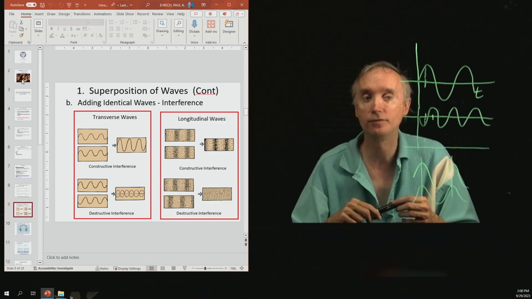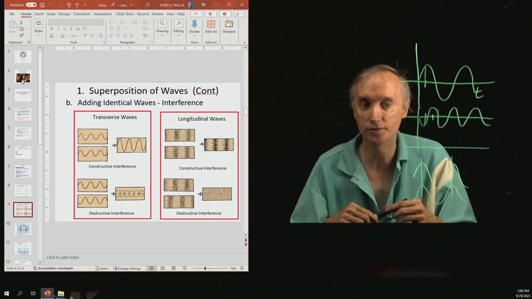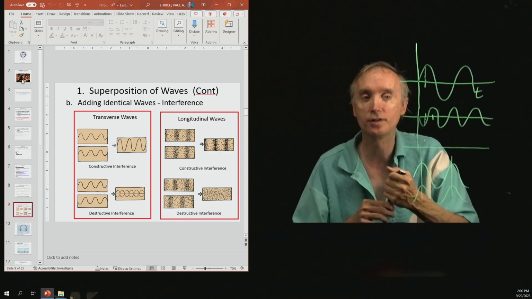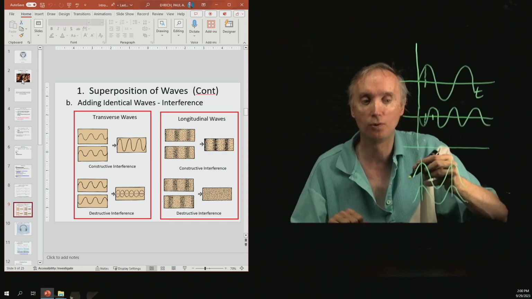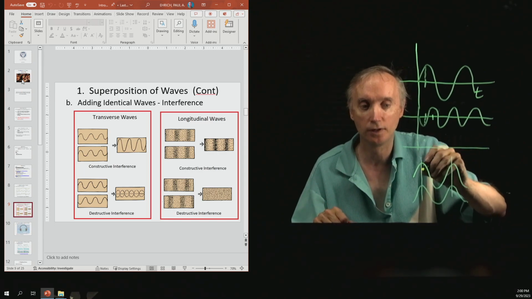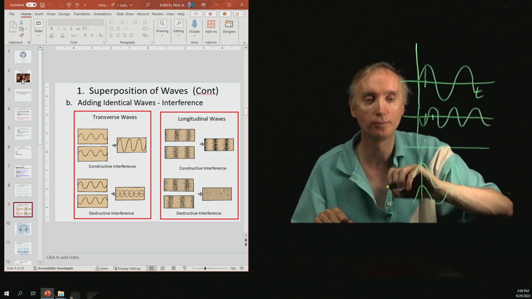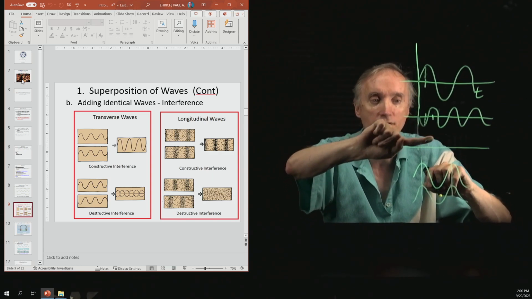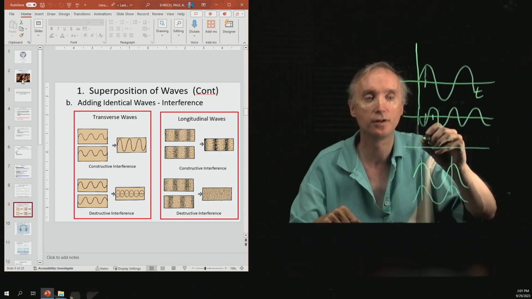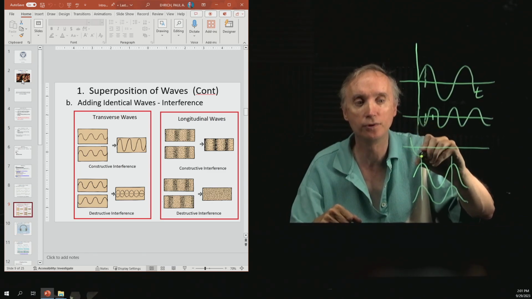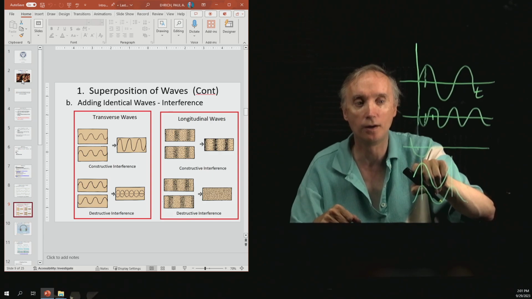Okay, then you have destructive interference, and so we're going to take this wave here, but we're going to add it to a wave that is opposite in every way. Let me put it up here. So let's say that I add it to a wave that is going down when this one's going up.